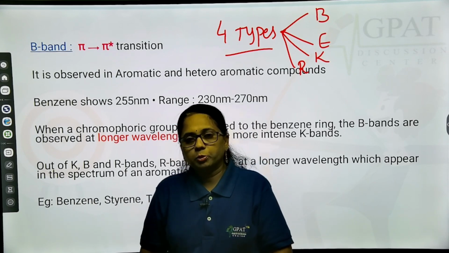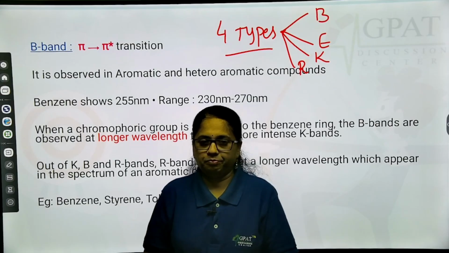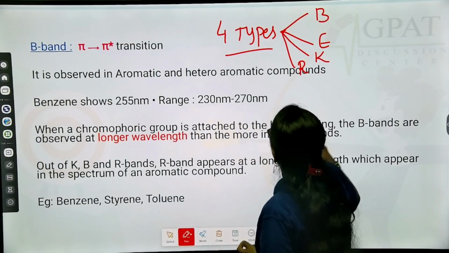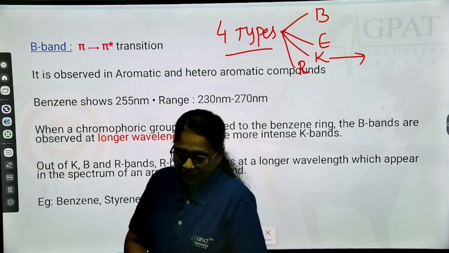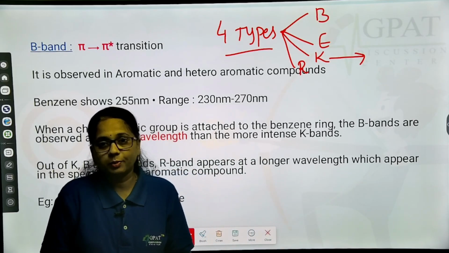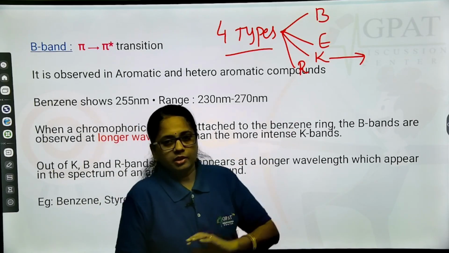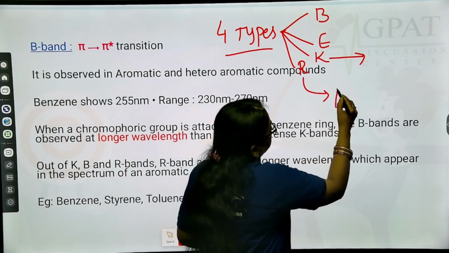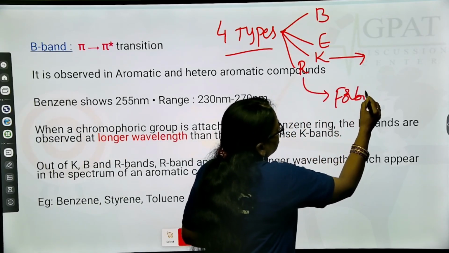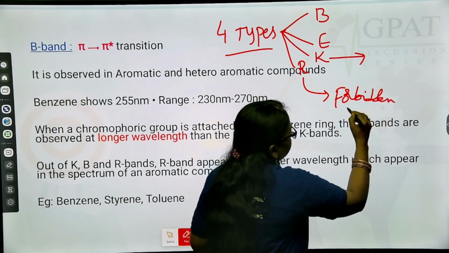If you talk about intensity, these K type absorption bands are highly intense bands, okay. R bands are mostly forbidden transitions.